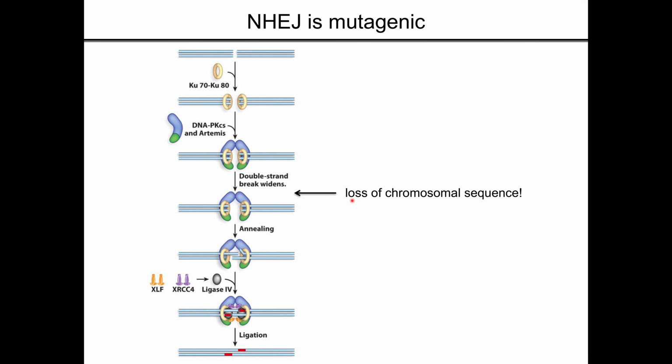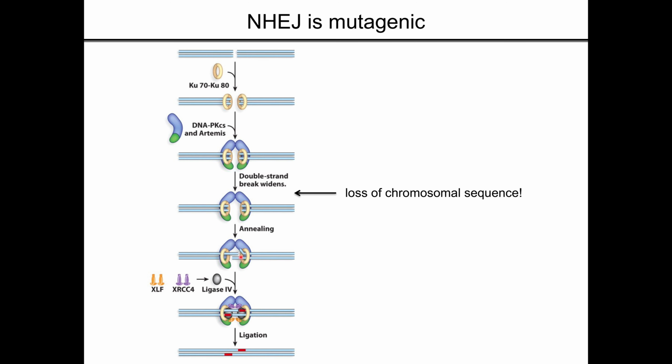But much like the translesion polymerases, this is the only chance that the cell has to repair this double-stranded break and have a chance at replicating and continuing through mitosis. It can't do this if it has a double-stranded break. So even though this process is coming at a potentially significant and damaging cost because we're losing chromosomal sequence, it's a lot better than not replicating at all.